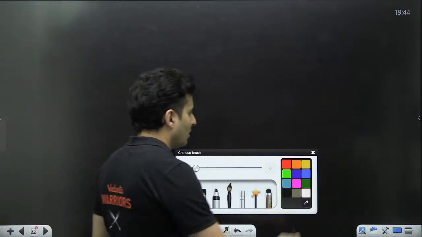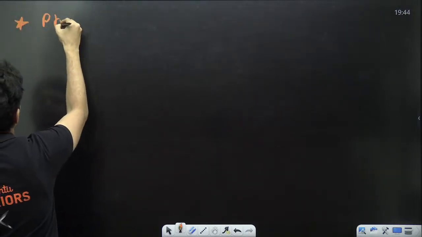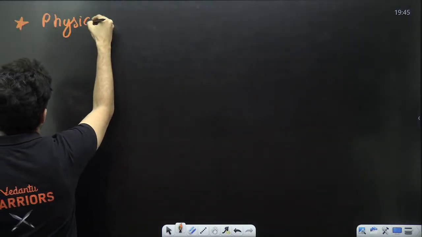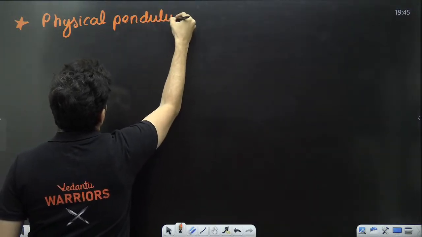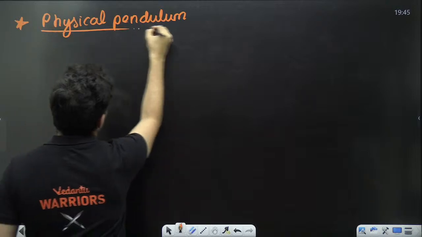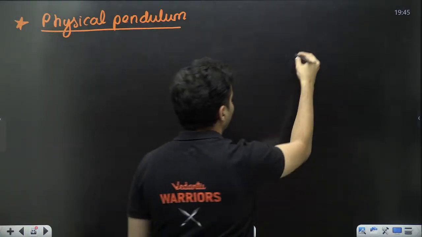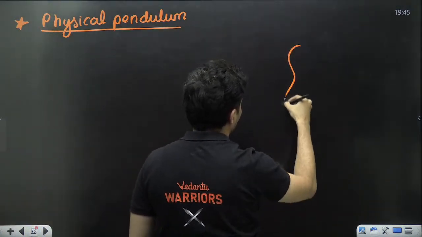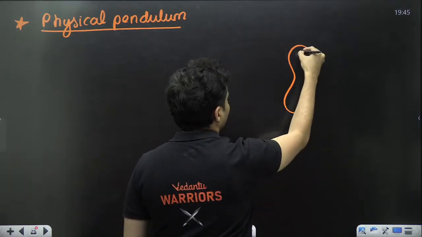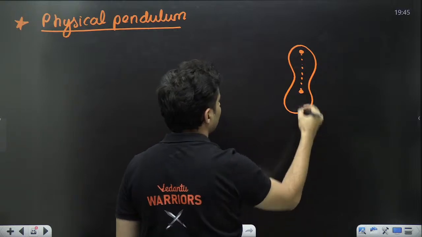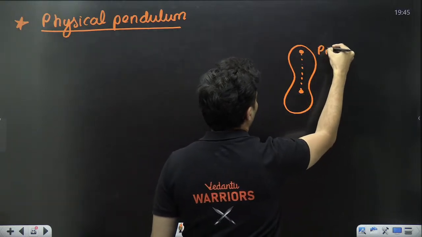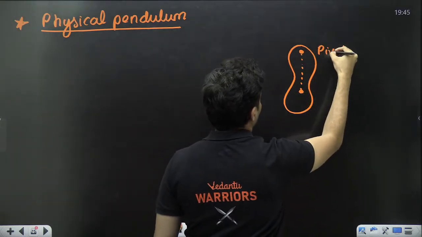So, one special case of this is your physical pendulum. In a physical pendulum, you have some body which is usually hanging like this. This is the pivot point.